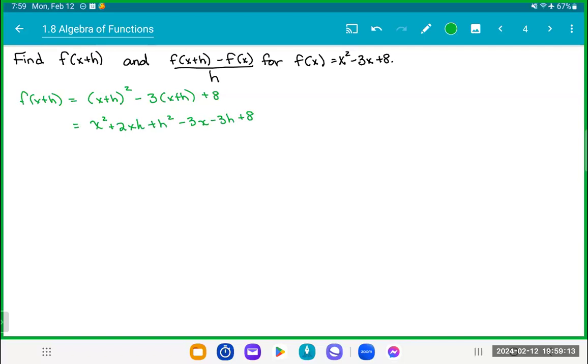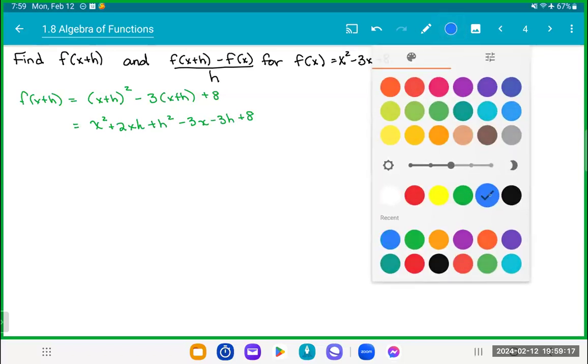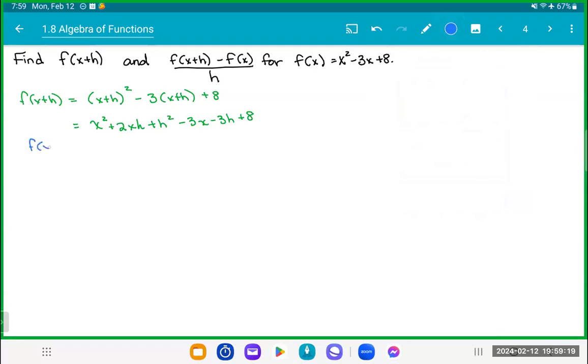So now I already know that my equation itself, the f of x, was just x squared minus 3x plus 8, right?